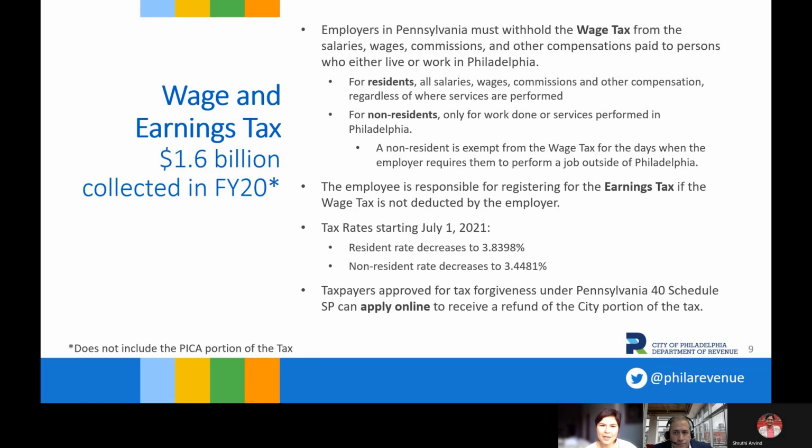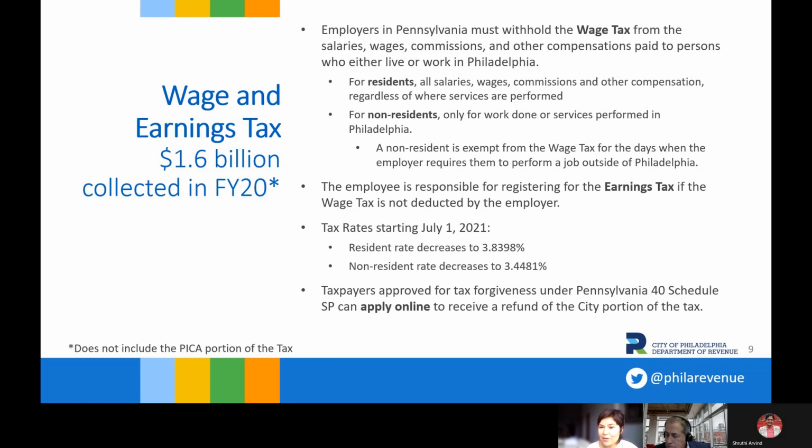Right. And before we get into the next slide where we talk about non-residents and residents and wage tax, I do want to point out that very low income taxpayers can qualify for what is essentially a lower tax rate. But the way it works is they pay the regular rate and then they can apply for a refund. Last year, City Council passed legislation that expanded that refund for low income payers.